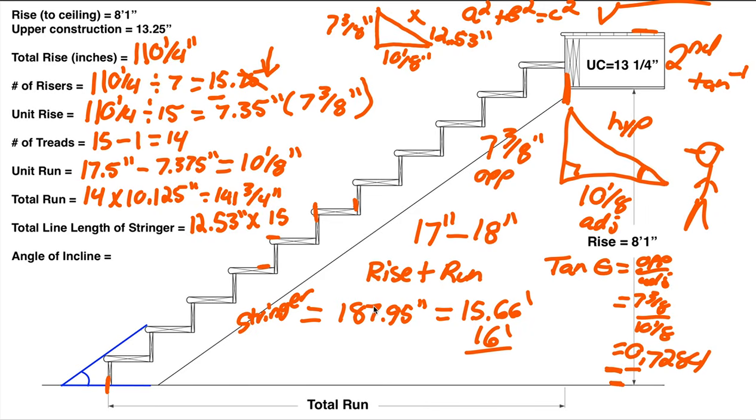So with this number, again, you can just leave it as the 20 decimal places that it actually is. You don't have to retype it. Hit second tan, and you'll get an angle of incline of 36.0694, which we could just simply round to 36 degrees.